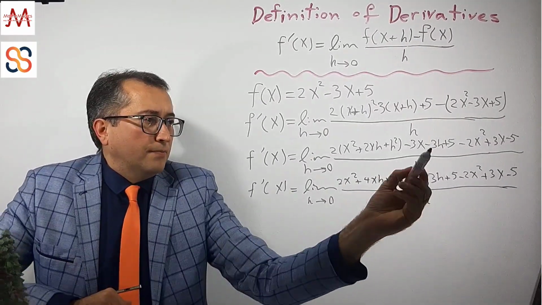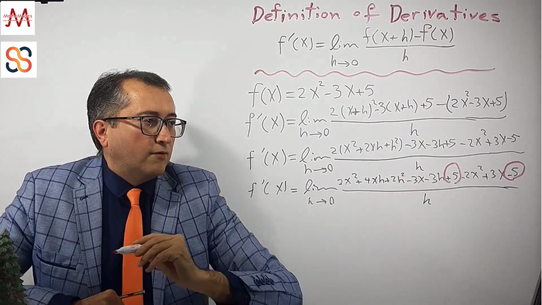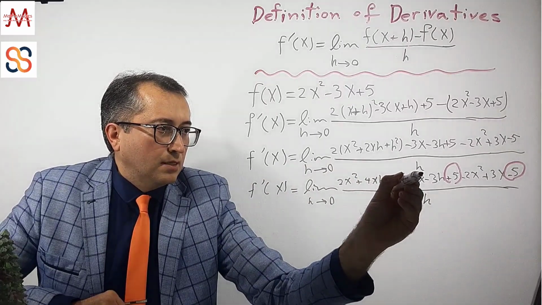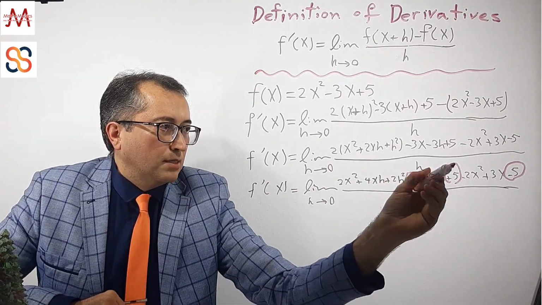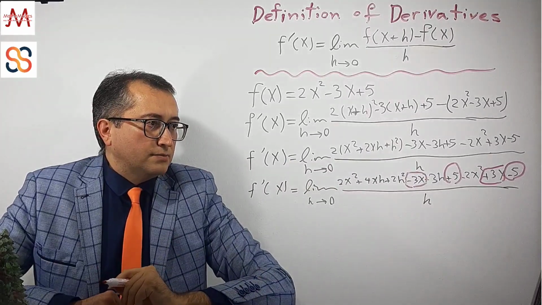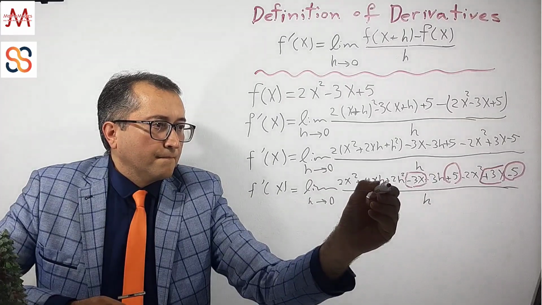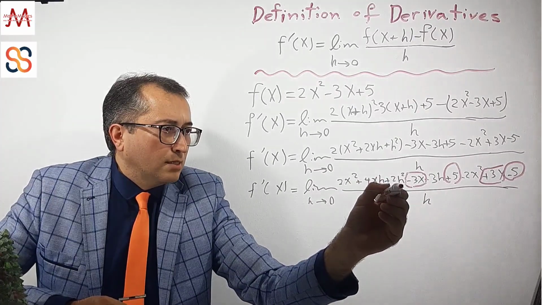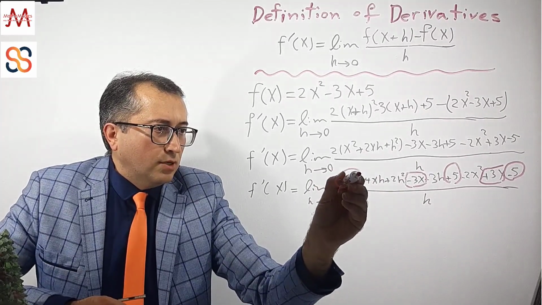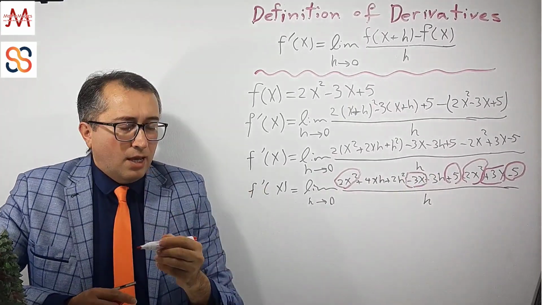As you see, this plus 5 cancels this minus 5. This minus 3x cancels this plus 3x. In addition, this 2x squared cancels this minus 2x squared.